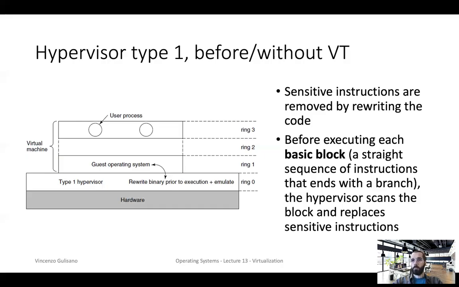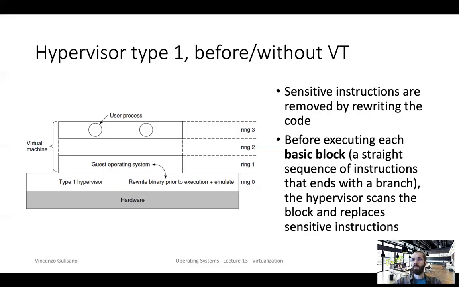A basic block is a sequence of instructions that can be run by the hypervisor but belong to the operating system, and that ends with a branch. Read the chapter in the book for more details, but basically it's a set of instructions that doesn't have a jump to a different function. So it's a sequential series of instructions.